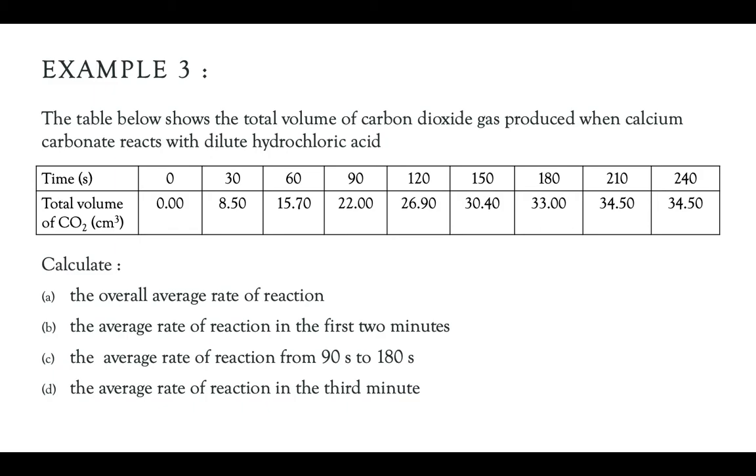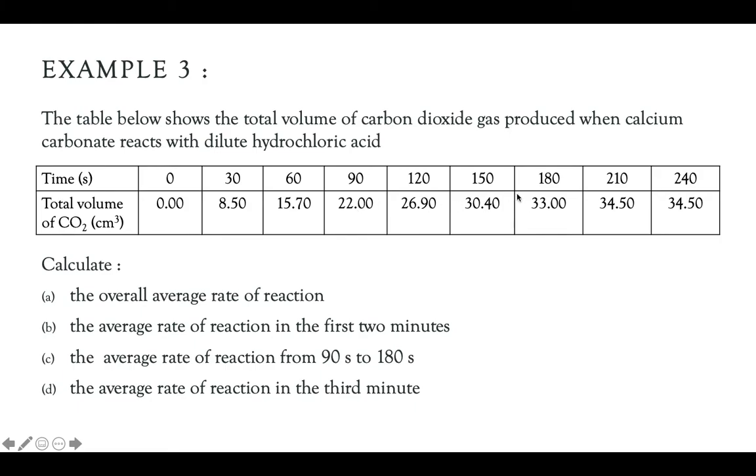Okay, soalan ketiga, the average rate of reaction from 90 second to 180 second. So this is the formula that you have to use from T1 to T2 dalam average rate of reaction. Jadi, let's say ini T1 dia dan ini T2 dia. Jadi, formula dia, kita kena tengok volume at T2 which is 33 and volume at T1 dia adalah 22.